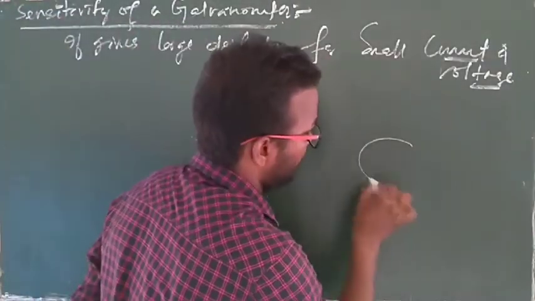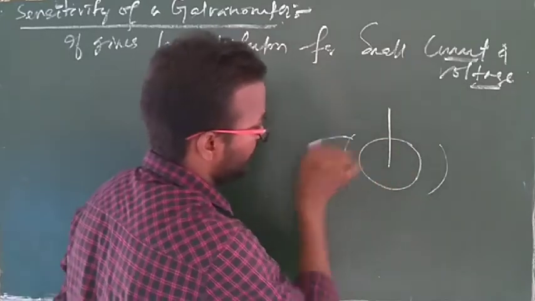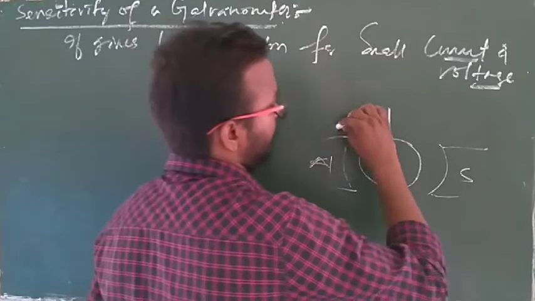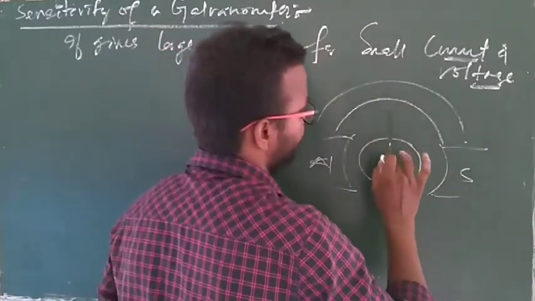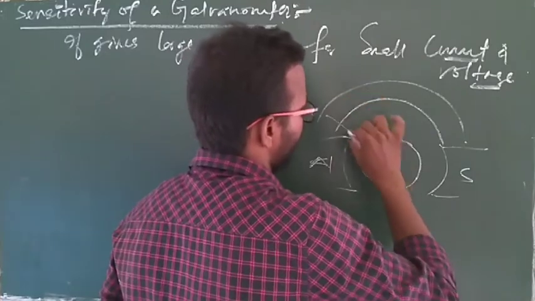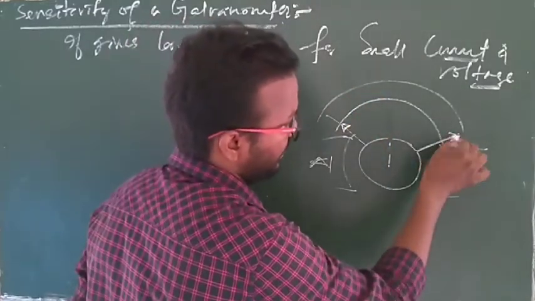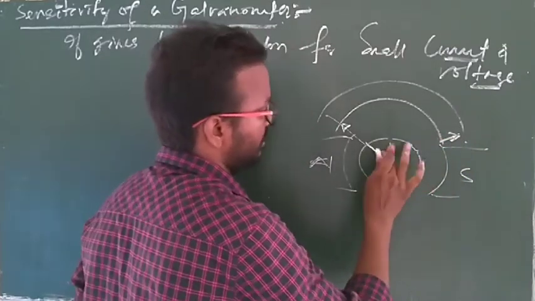Suppose this is a coil and there is one pointer. This is a horseshoe magnet, here is the north pole and this is the south pole, and there is a scale in this way, and this is the pointer. This is the final reading on the scale.